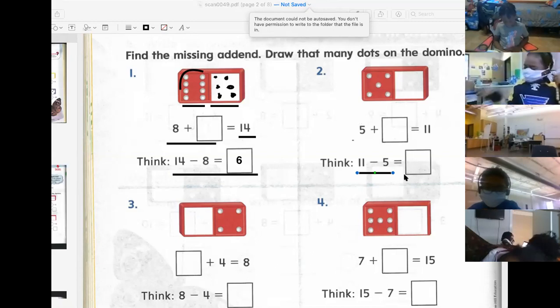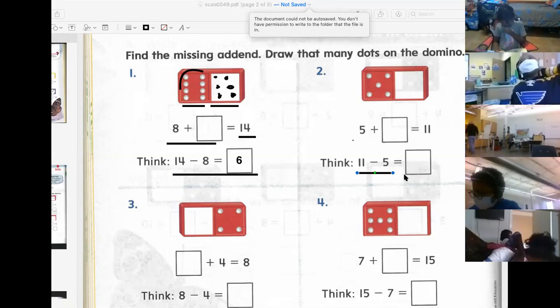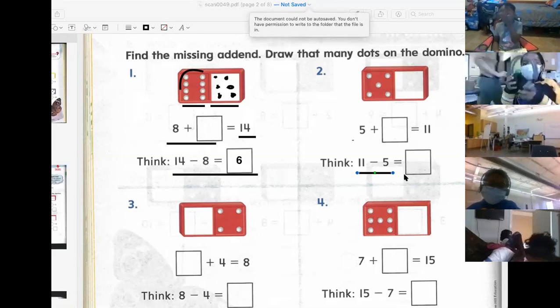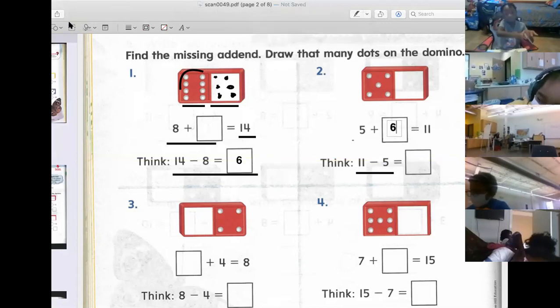Now how many do I have? You have 6. Yes, we have 6. So 5 plus 6 is 11. 11 minus 5 equals 6.